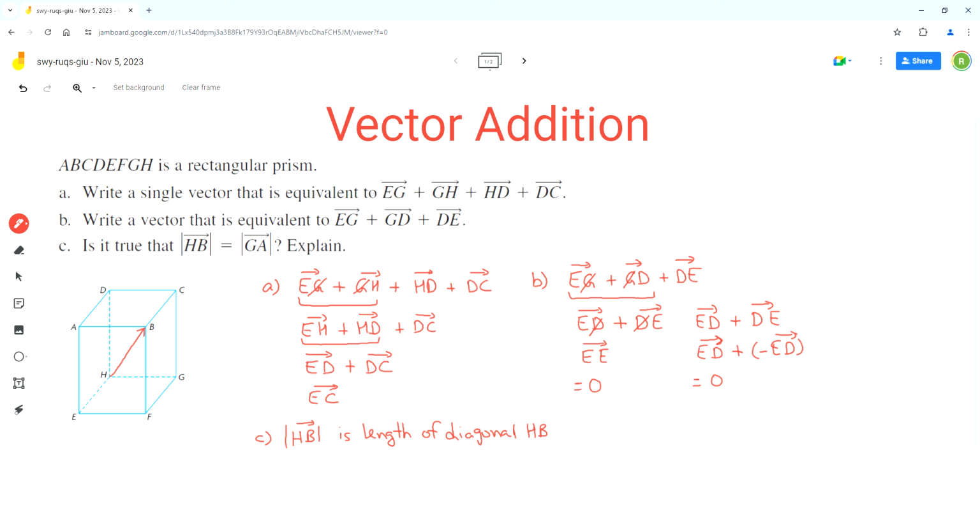Now the magnitude of vector GA is another diagonal in this rectangular prism, from G to A. So we can write that.